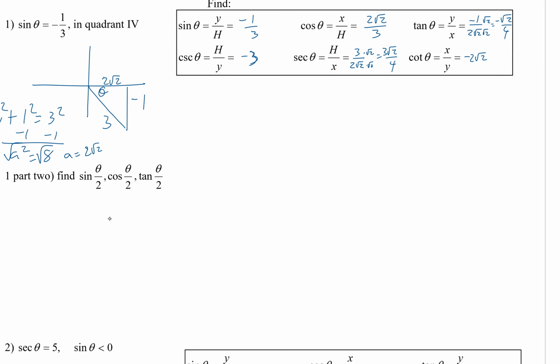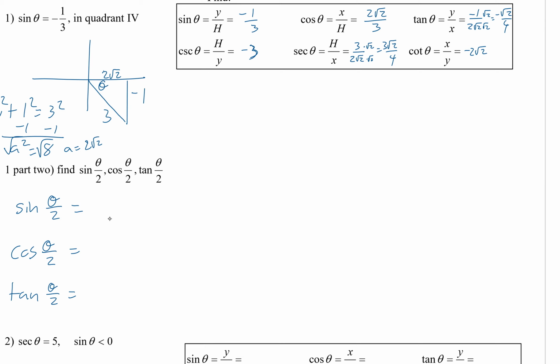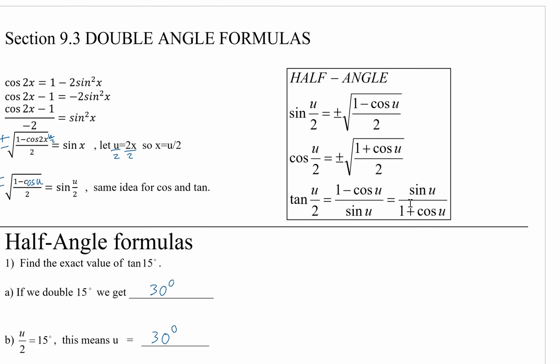So now we're going to find sine of theta over 2, cosine of theta over 2, and tangent of theta over 2. So we go back up, not down. And we're just going to write these out.